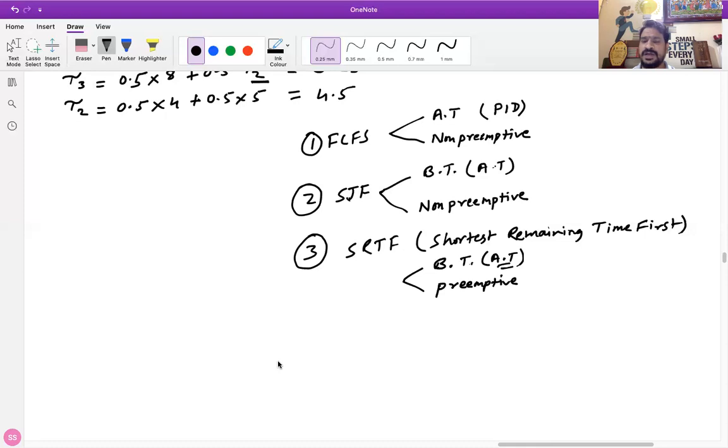So we give another chance to the next process for the time quantum. Here in shortest remaining time first, we always have to look at the burst time, so the priority is the burst time.